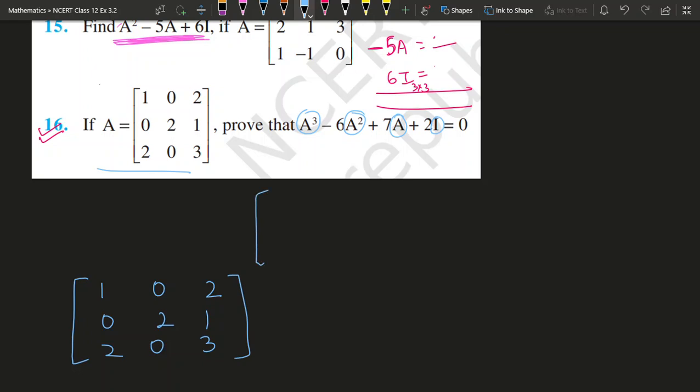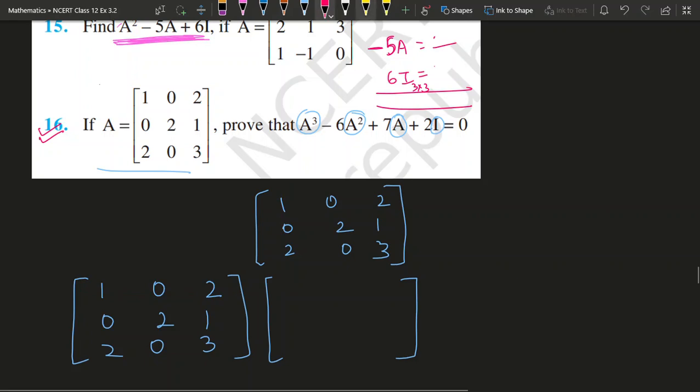And if you multiply A with A, you are getting A squared. So again, let me write A: 021 and 203. Now if you multiply it, you have 102 here and 102 here. So it becomes 5.